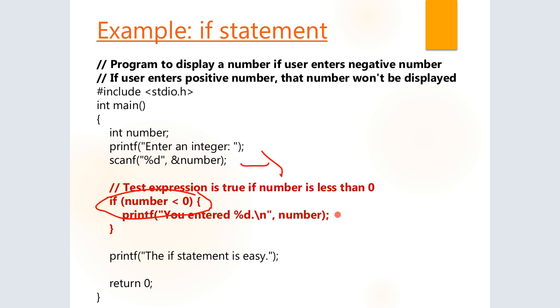Our statement is here. If this condition is false, then the execution is moved out of the if statement to the rest of the program. So our execution will come to this line here. So that's what we are talking about with the if statement.